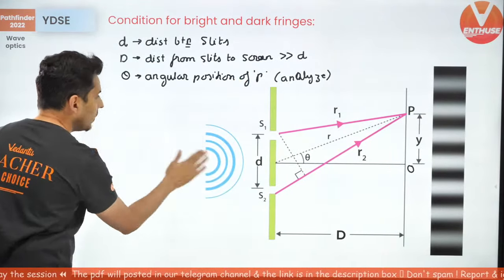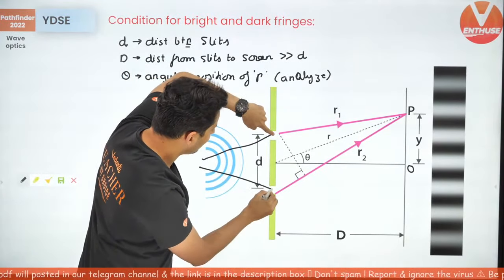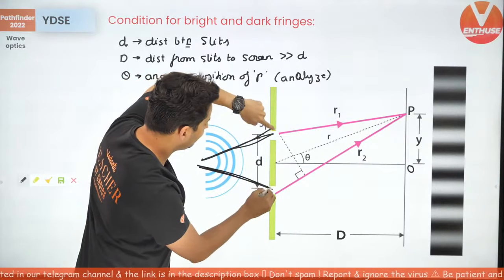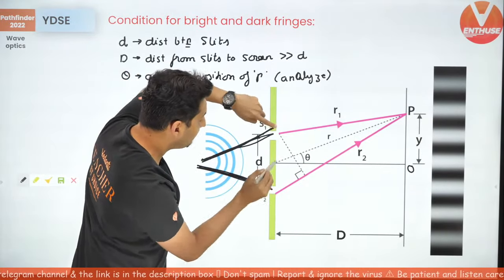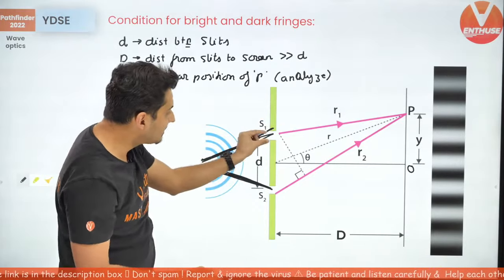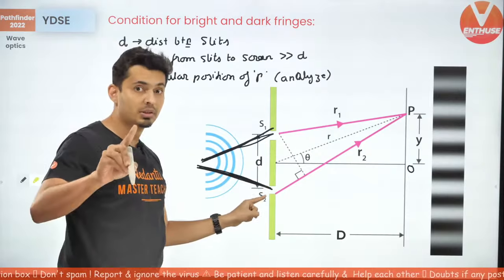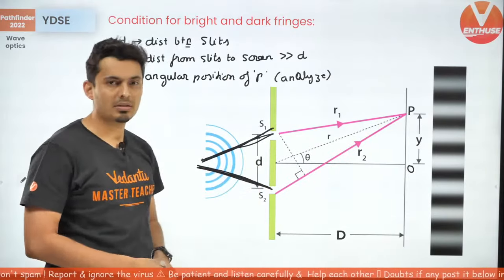Perfect. If you notice, till here the waves reach simultaneously. The path difference is occurring because the wave from this slit has to travel a shorter distance, and the wave from this slit has to travel more distance.